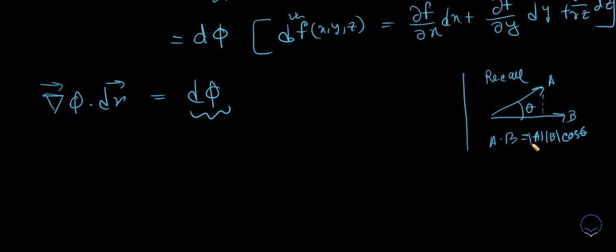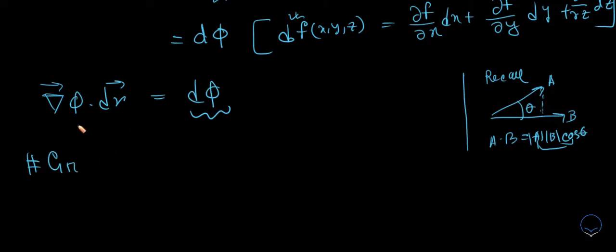And this a cosine theta was nothing but a projection of a onto b, and here we have something similar. So this gradient has something to do with the directional derivative, that is, in which way you are going, and the field is changing accordingly. So that's why I showed this thing to you first.